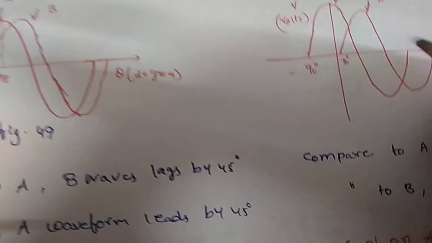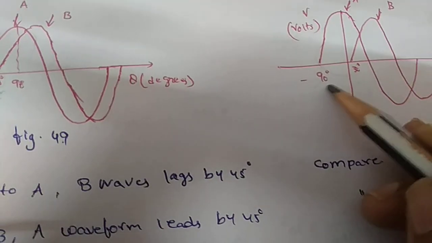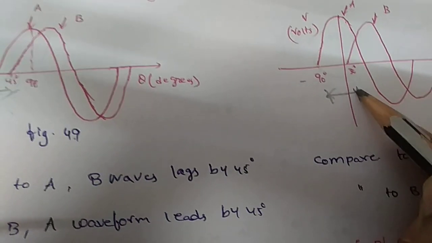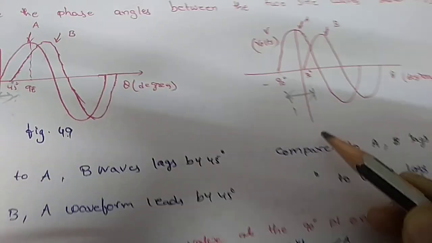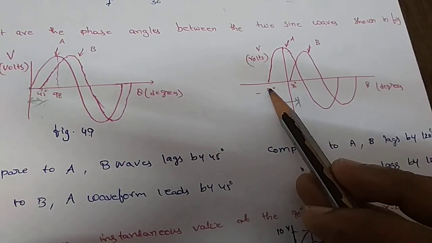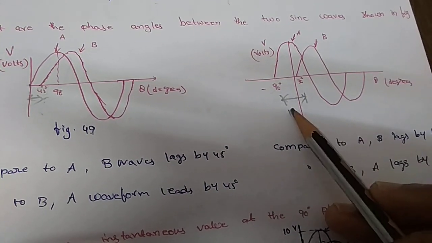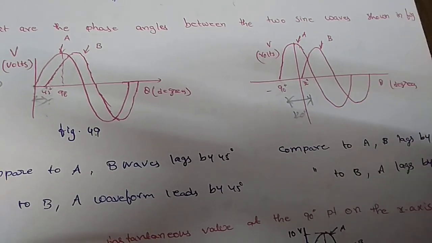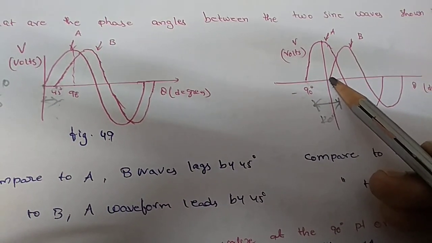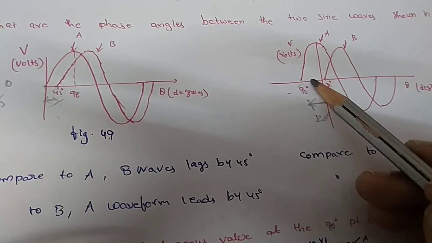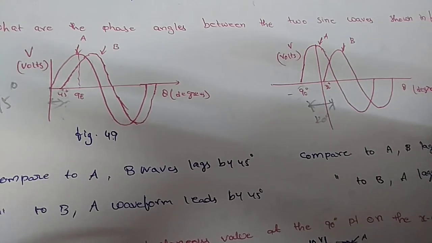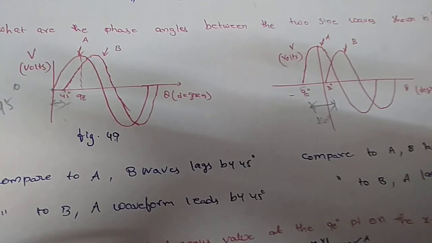We know the phase difference is 120 degrees, because 90 and 30 total 120 degrees. From this, compared to B, the A waveform is leading by 120 degrees. Compared to A, the B waveform is lagging by 120 degrees.